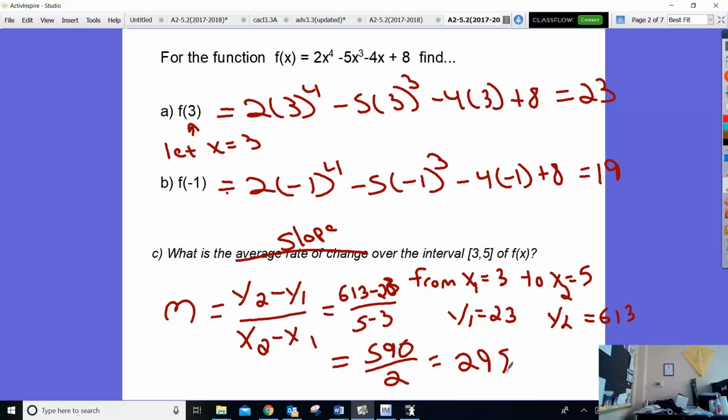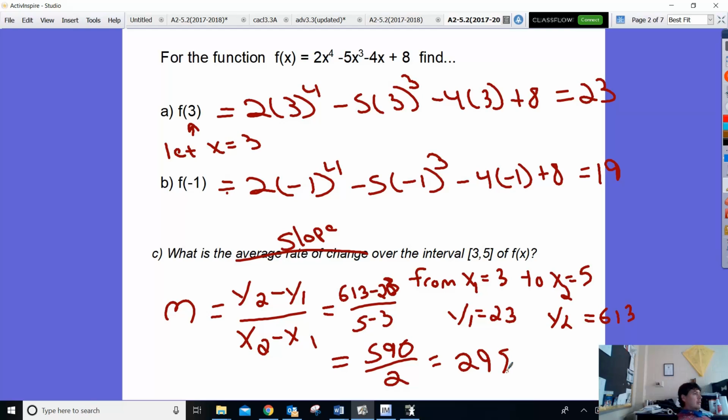So on average, as you go from x equals 3 to x equals 5, you're gaining 295 units up every time you go over 1. That's a lot. It's a steep line if you think about lines.